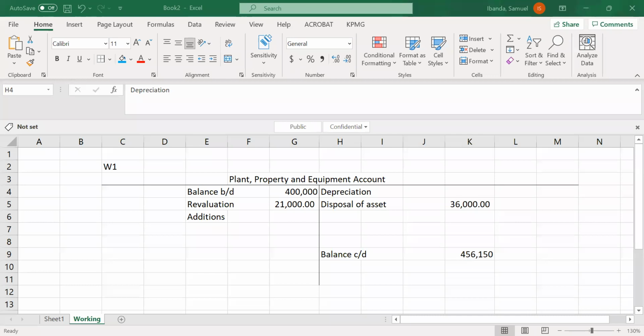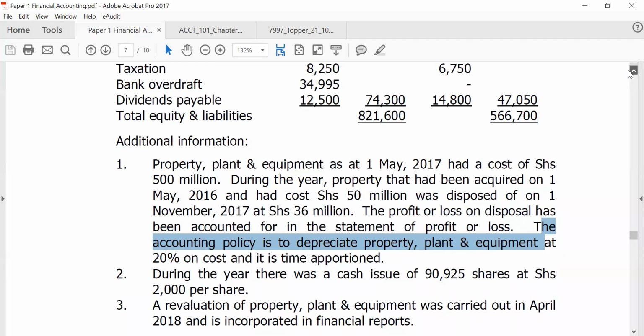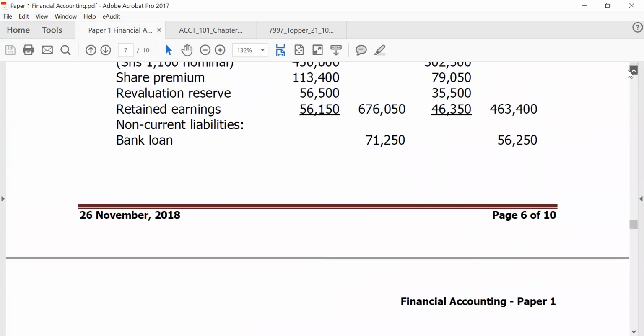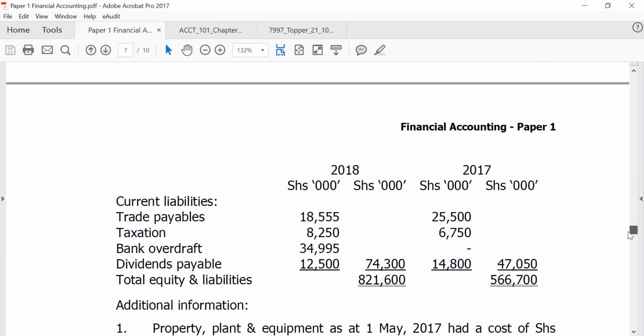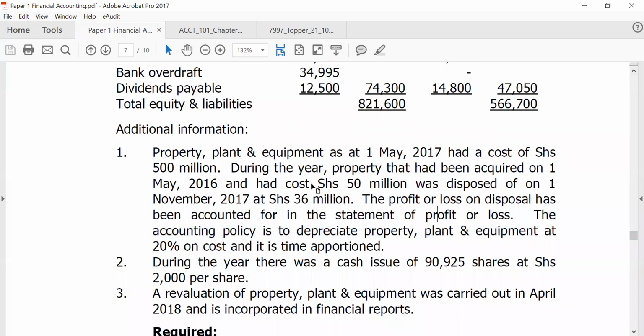Now, what we can do is first calculate our depreciation. In calculating our depreciation, I want to get your attention here. They have told us from here that plant, property and equipment had a cost of 500 million at the start of the period. So that is one of the items that we are going to use to calculate our depreciation.